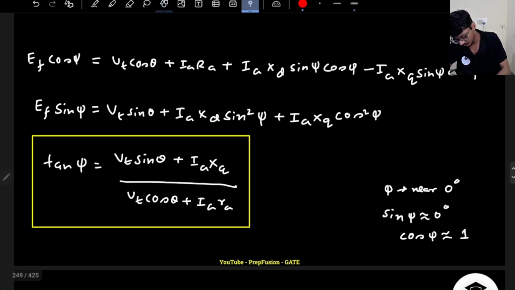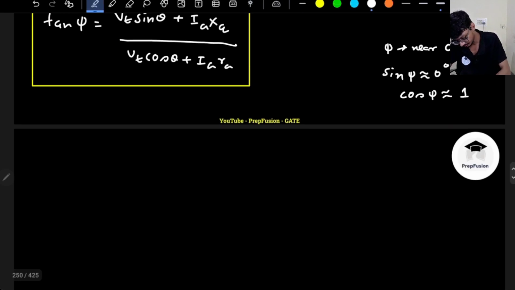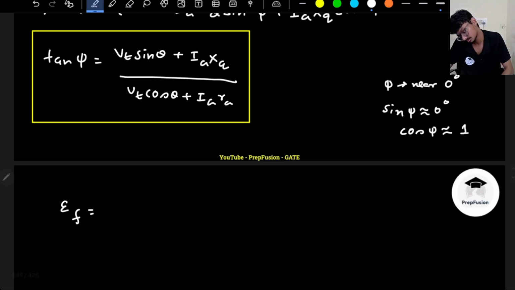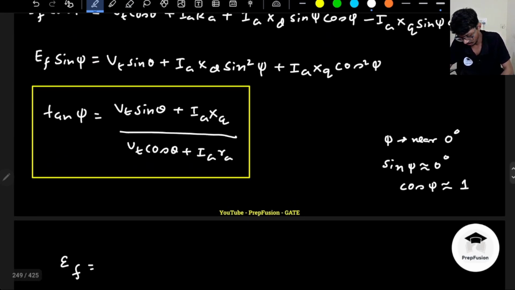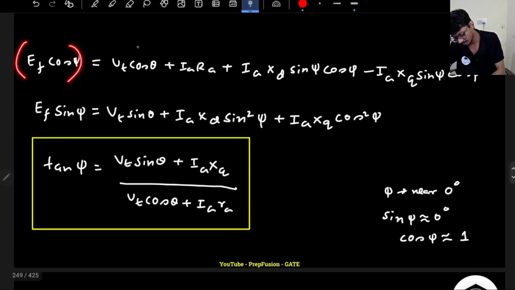And what will be my Ef value? Again this square plus this square, so sin square plus cos square xi becomes 1, and this will be Ef only.